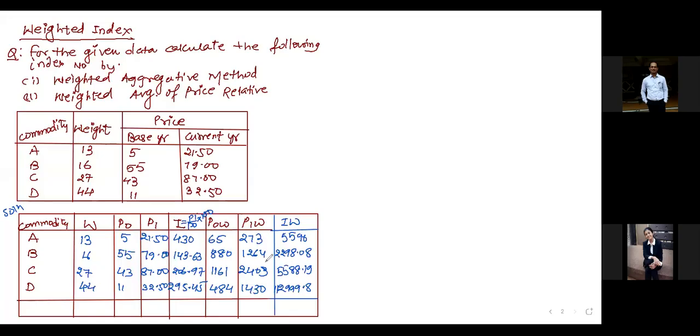Plus taking the total, 2298.08 plus 5588.19 plus 12999.8. It's coming out to be 26476.07.